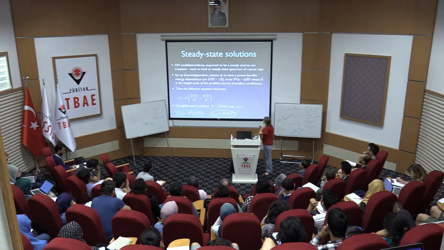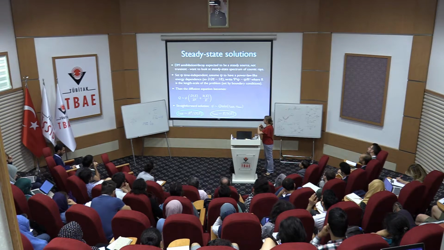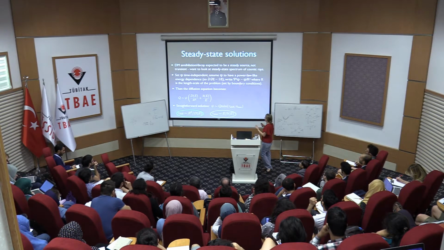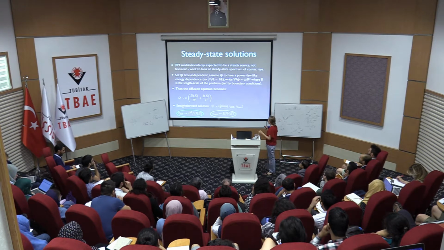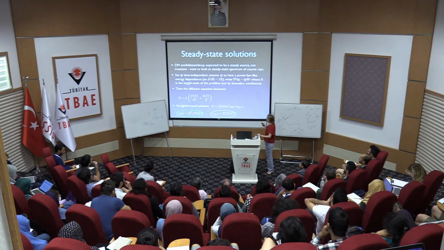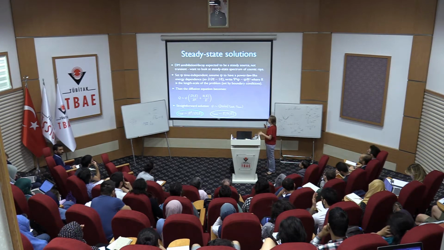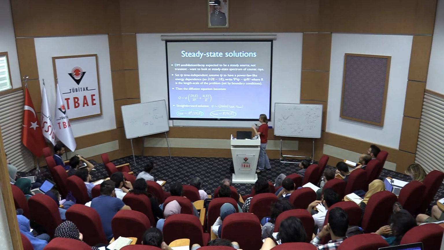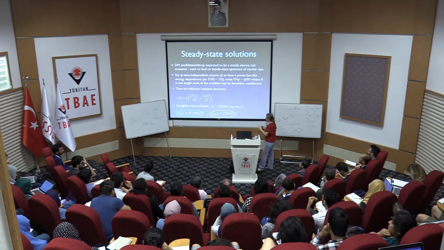If we assume that this steady state flux has a power law like energy dependence, then the derivative with respect to E just becomes like a factor of 1 over E. If we assume, again, a fairly smooth distribution spatially, we can estimate the second spatial derivative as just 1 over some spatial scale squared. That's going to be set by the boundary conditions if that's your only length scale in the problem.